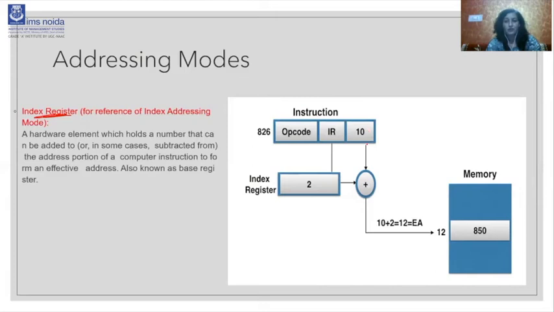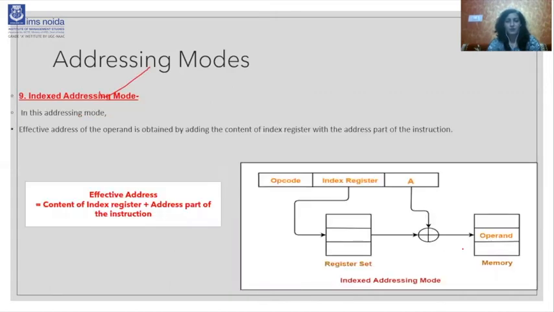Basically, all the addressing modes are based on some concept, some formula. Suppose 10 is the address of an operand and 2 is the content of the index register. Adding them gives a new address, 12, and at this address the operand is found. This is the concept of the index register.